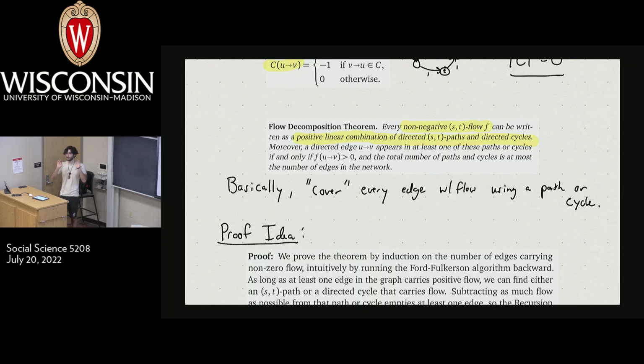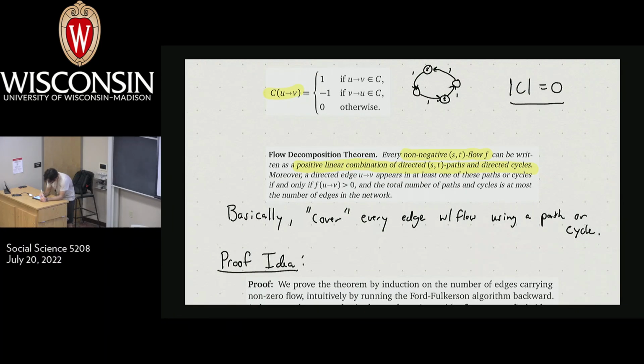And so we could break all of those down into a bunch of paths and a bunch of cycles. So literally, if you had your graph, you had any arbitrary flow, then you could turn the flow into a bunch of paths that eventually hit T. Maybe they have different values. And you could also turn them into cycles.